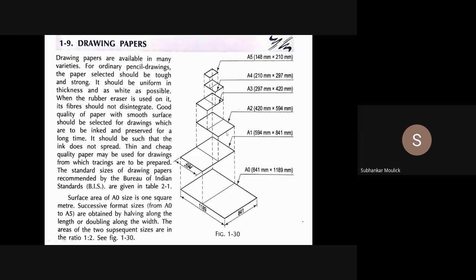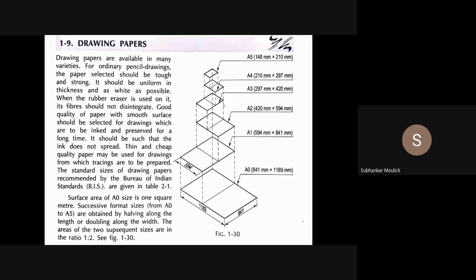It is 420 mm. Then for A2 size paper, width is 420 mm and length is 594 mm and so on. Is the process clear? Conversion of A0 size paper into A5 size paper? Yes, sir. Fine.